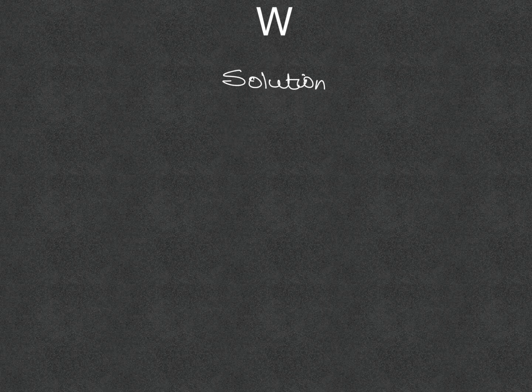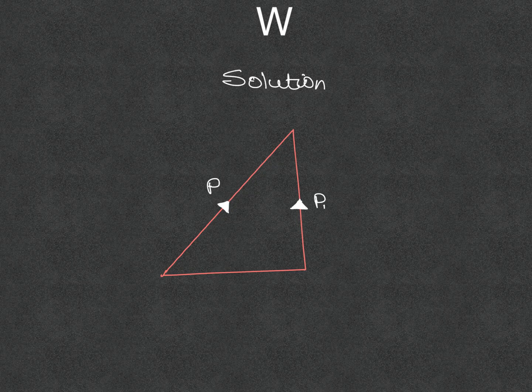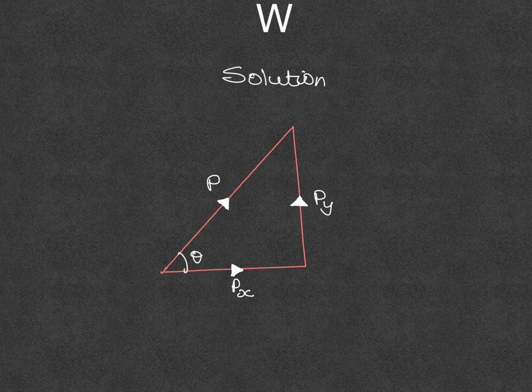If I try to draw a triangle for that, we have the applied force P, the vertical component Py, and the horizontal component Px. And then we have the angle theta.